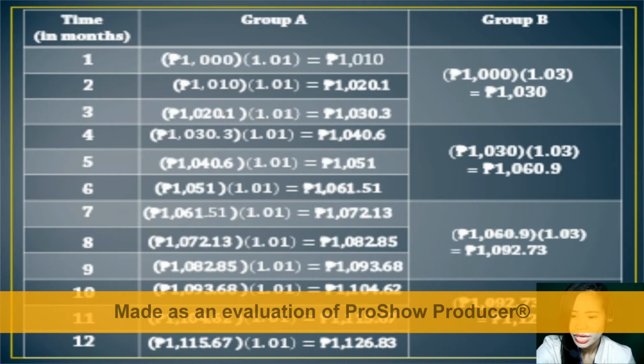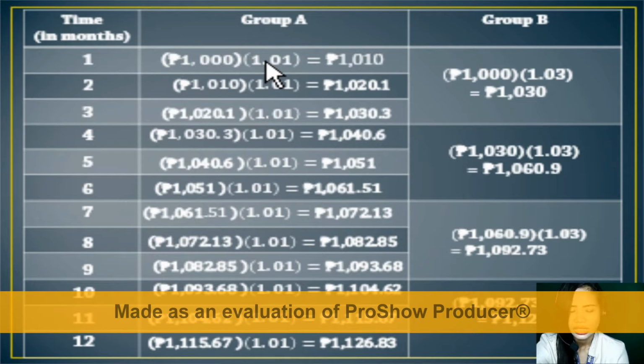This is for Group A. We know that it will be compounded monthly, therefore we'll consider from the first month until the 12th month. In the first month, you will simply multiply 1,000 times 1.01. Why is it 1.01? Because the rate given here is 1%.